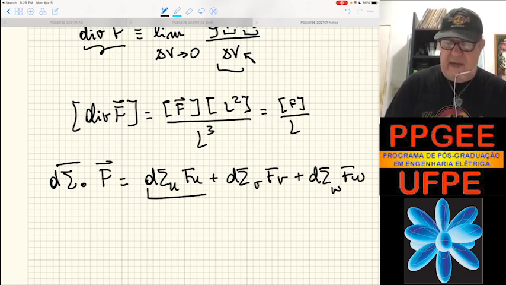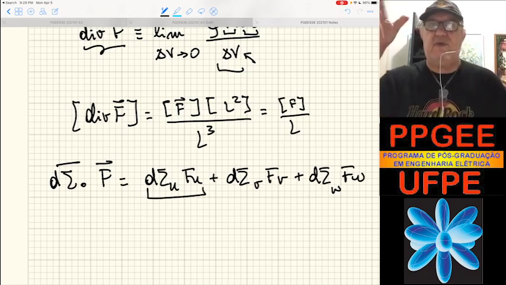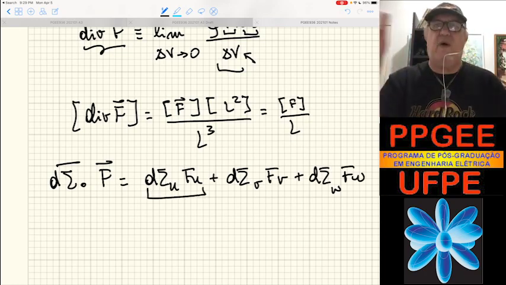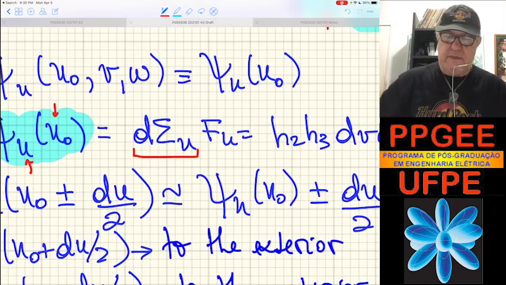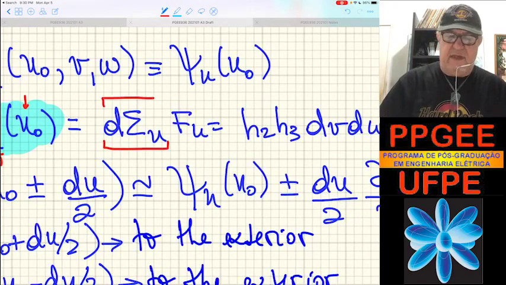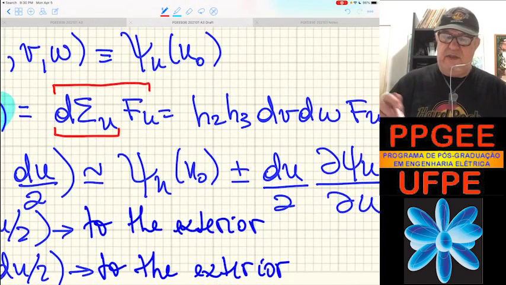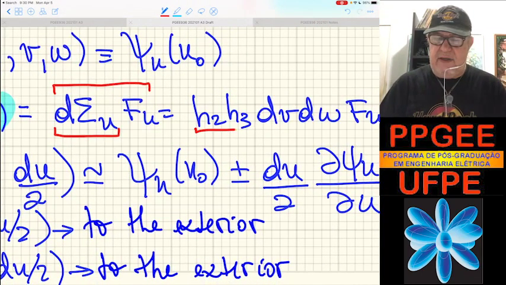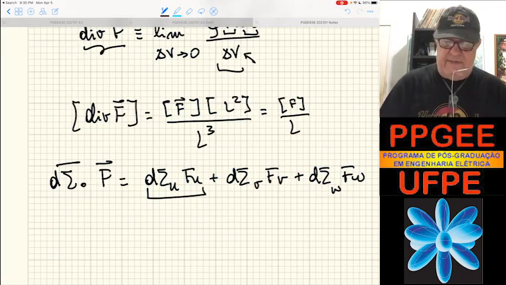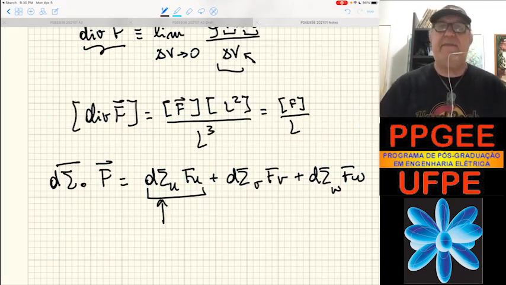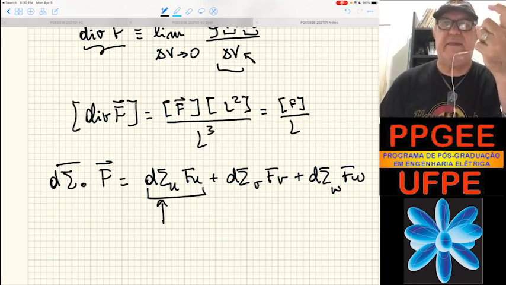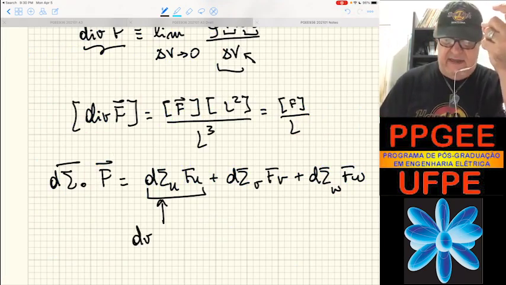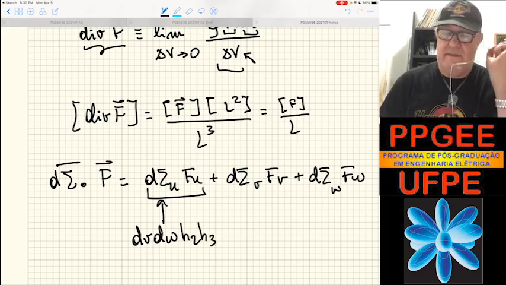Right now we are calculating this contribution here on 2 surfaces towards increasing u, okay? So that's what we have, this one here. So this is the area, the d sigma u, right? Because these are the segments that are orthogonal to AU, which are the 2 and 3 segments. dV dW H2 H3, right?